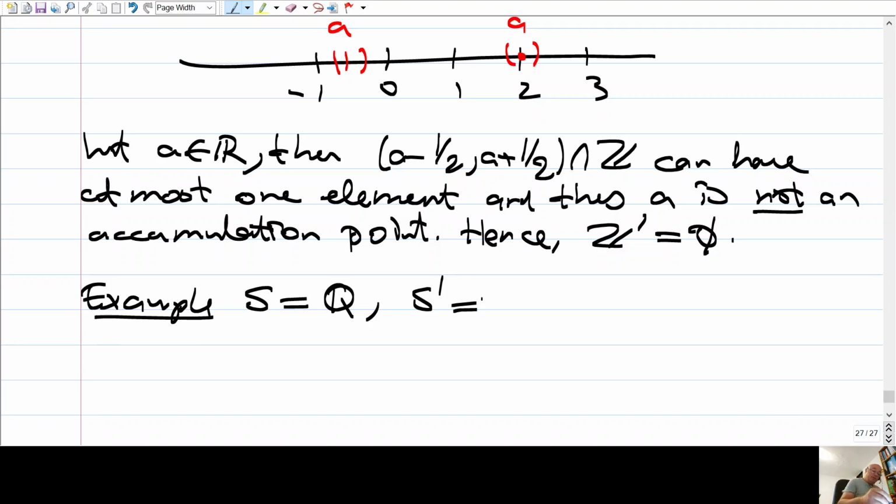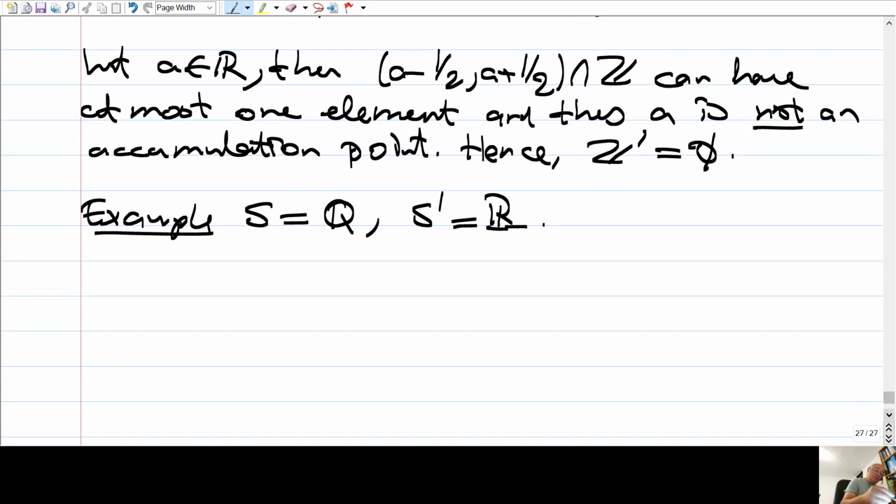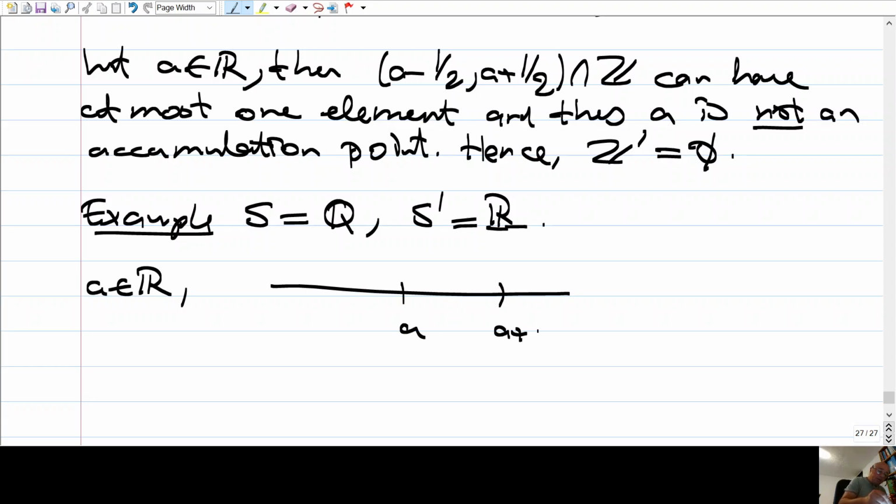R, yes, because we actually just showed that any real number is a limit of a sequence of rationals. There are many arguments actually. If you choose any real number A, then consider this interval, A minus epsilon, A plus epsilon.